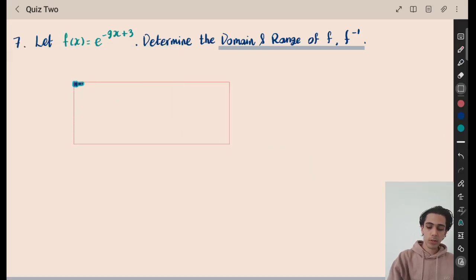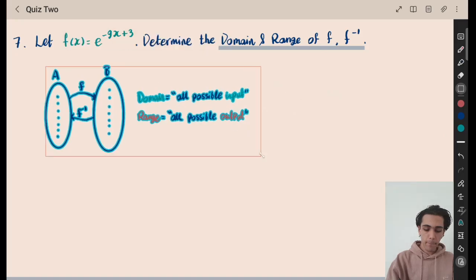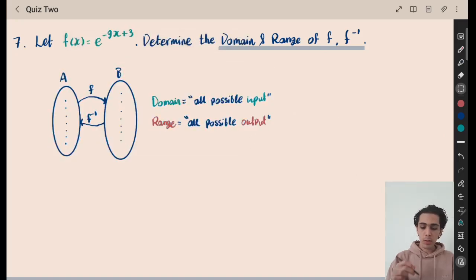And so here I've prepared a couple of things. If we have a function f which maps values from one set to another set, then its domain is all the possible inputs. So it's all the possible values it can send, so to say. All the values I can put in this function.